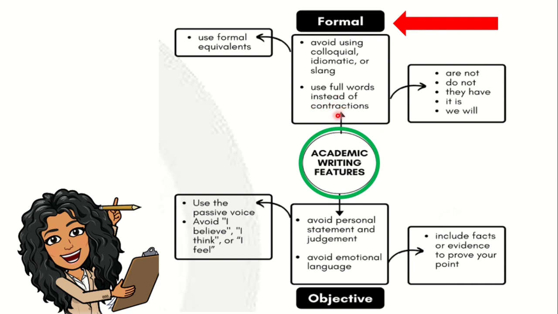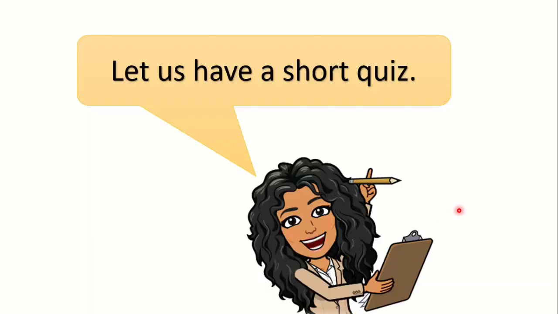We use full words instead of contractions. Okay? Also, when writing your essay, it should be objective. You avoid personal statement or judgment, and we avoid emotional language. We use the passive voice and the third-person point of view. And we also include facts or evidence to prove our point.